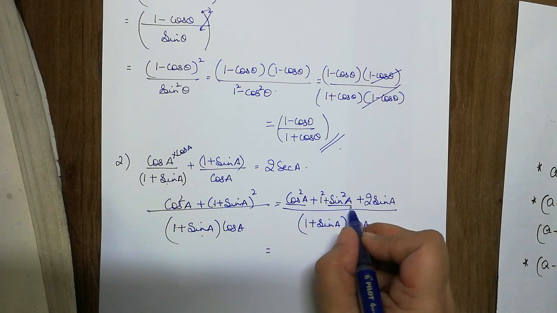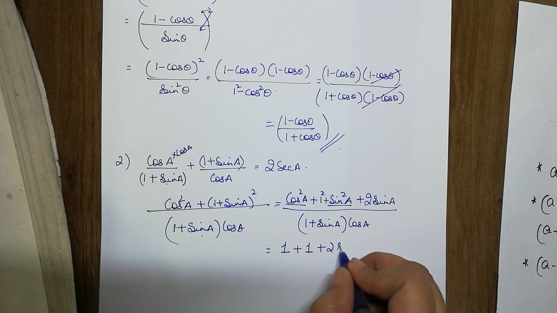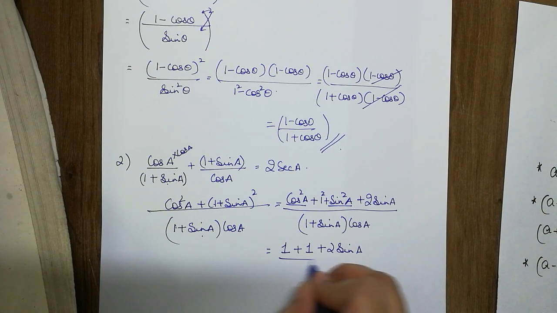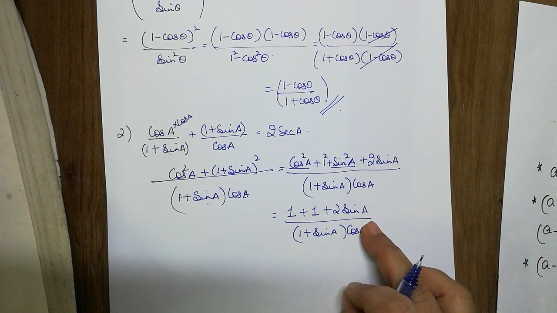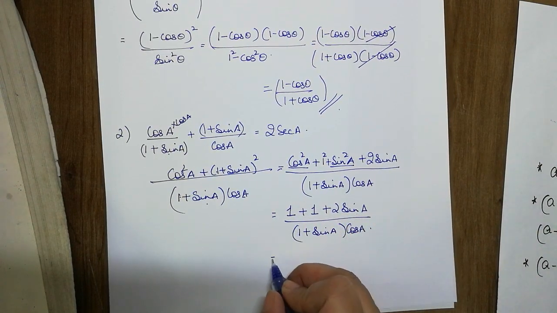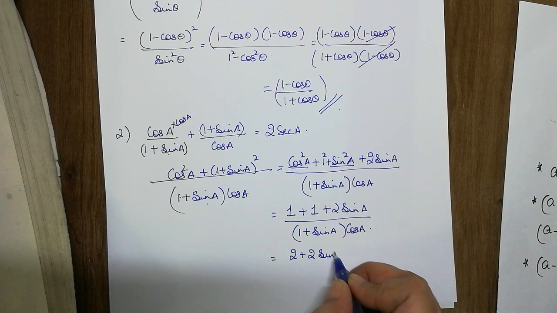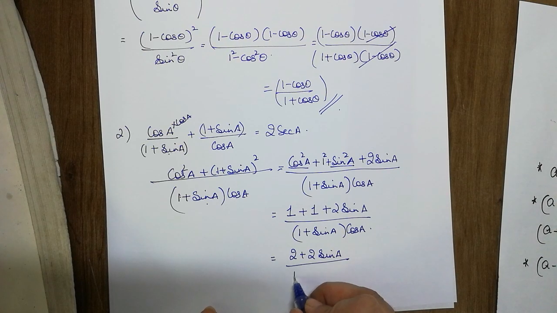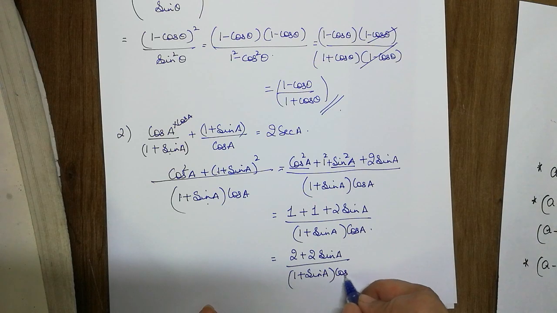Cos square a plus sin square a is 1, identity, 1 square is 1, plus 2 sin a divided by 1 plus sin a into cos a. Usually in trigonometry identities, carry the denominator as it is until you fully solve the numerator part. So 1 plus 1 is 2, 2 plus 2 sin a divided by 1 plus sin a cos a.